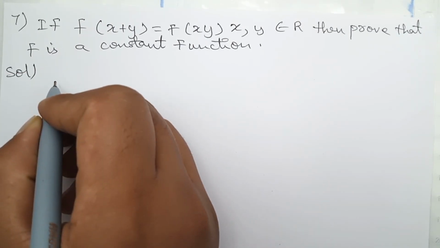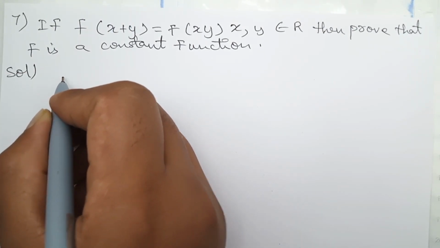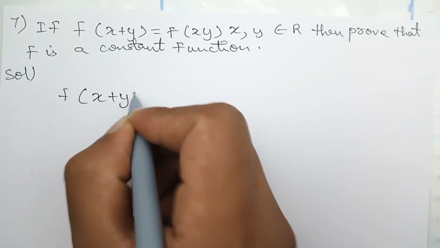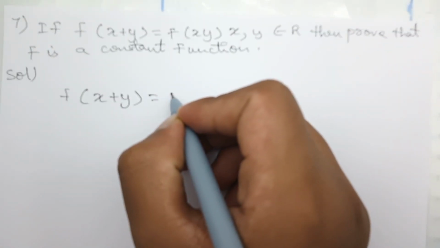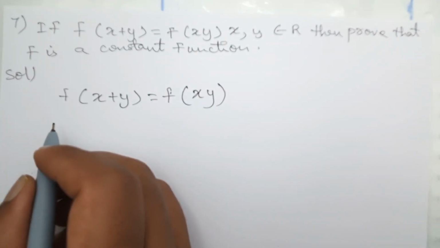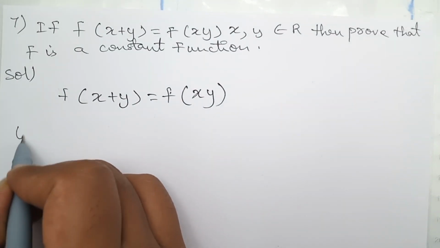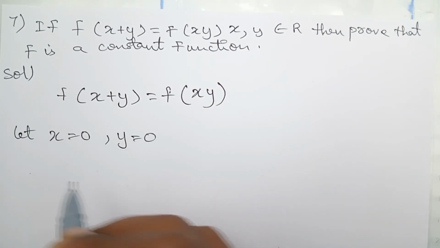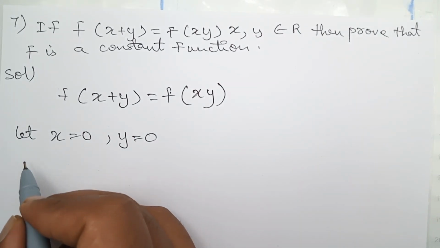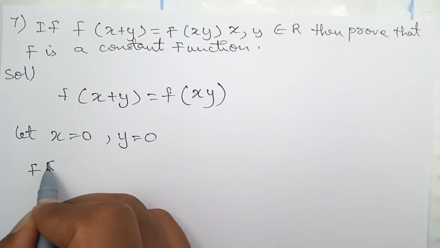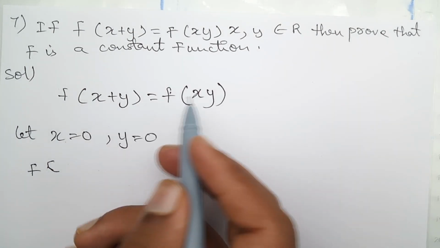Now first we should take the given: f of x plus y is equal to f of xy. Okay, let's take x is equal to 0, y is equal to 0. Here we will take x plus y and xy.